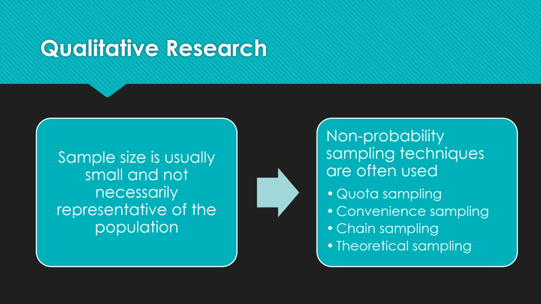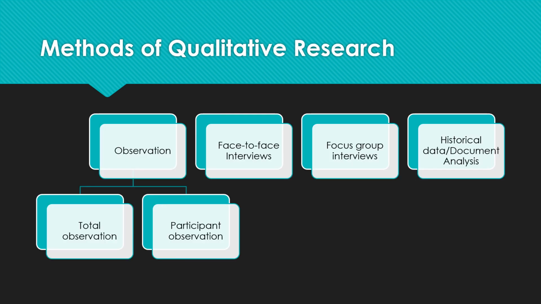It normally uses non-probability sampling techniques such as quota sampling, convenience sampling, chain sampling, and theoretical sampling. The methods of qualitative research include observation, where we can see total observation or participant observation, face-to-face interviews, focus group interviews, and also historical data or document analysis.